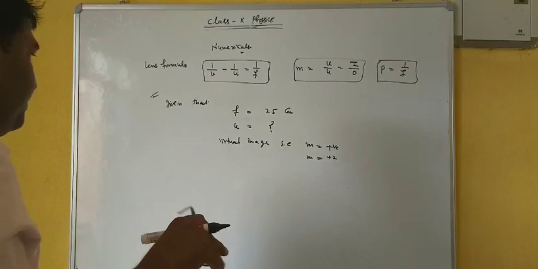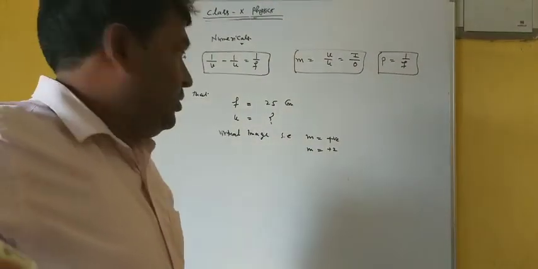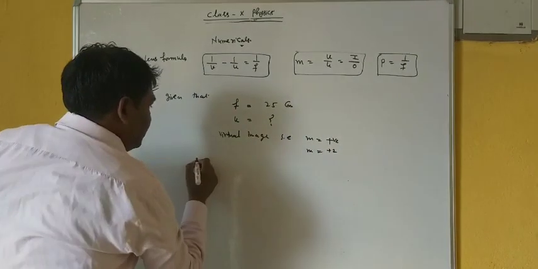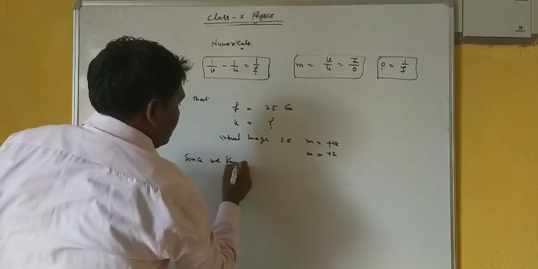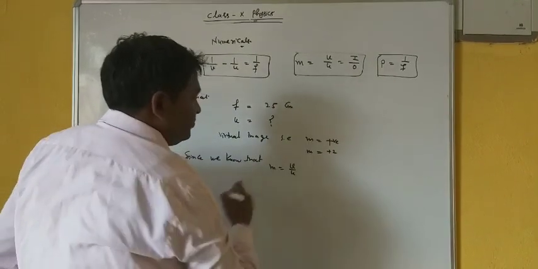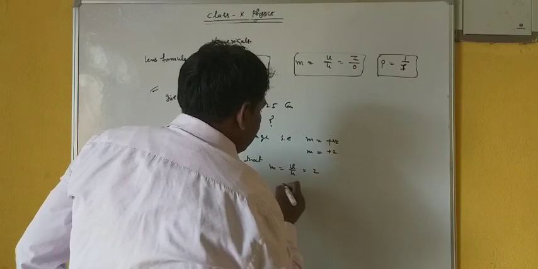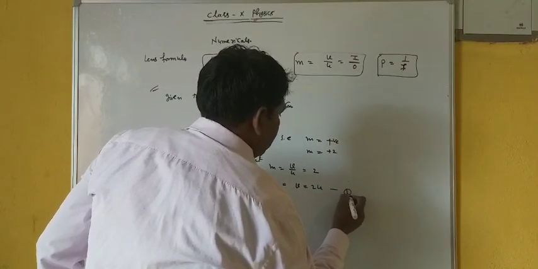Now see how you find it. Since M is given, M is equal to V by U, which is equal to 2. It implies that V is equal to 2U, equation 1.